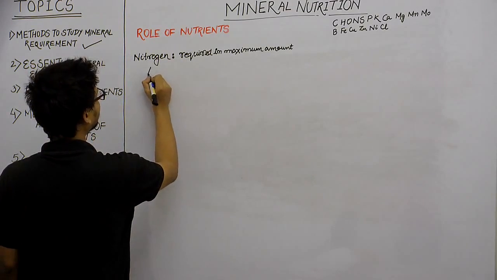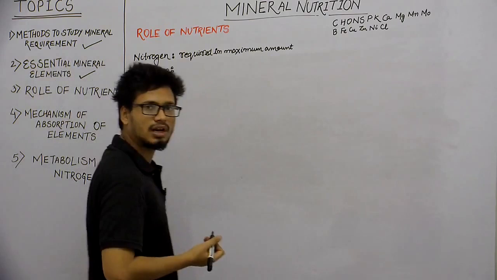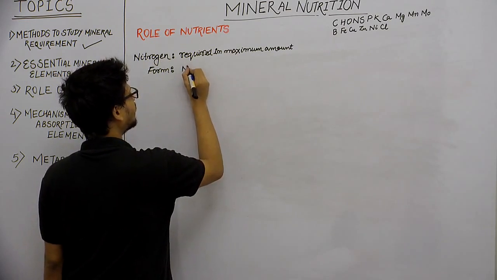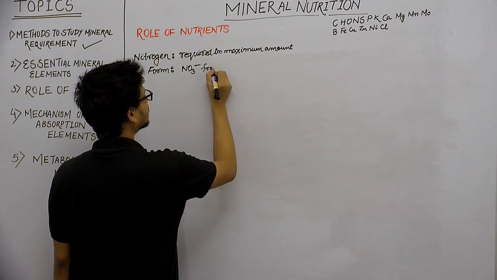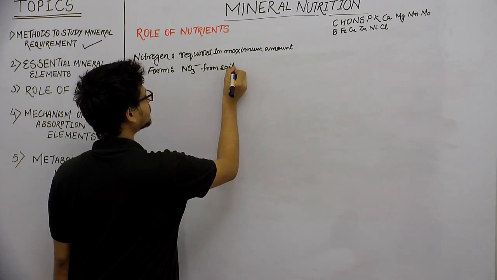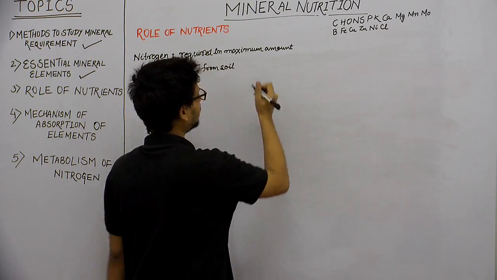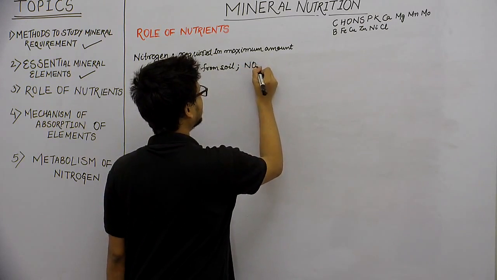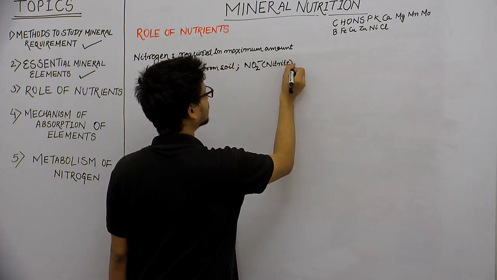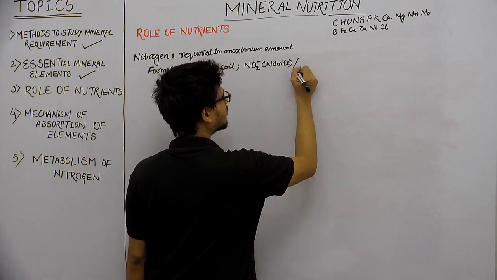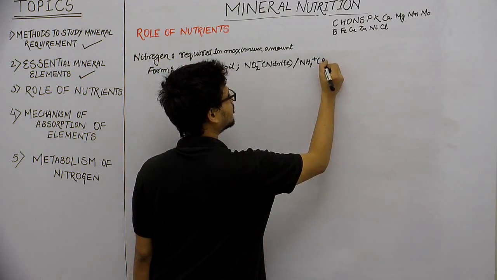Now we'll talk about the form in which it is absorbed. Its absorption form is that it is usually taken in the form of nitrate from the soil. But there are other forms from which the plant can take up nitrogen also, and those other forms are nitrite, and another one that is ammonium, NH4 plus, that is the ammonium ion.